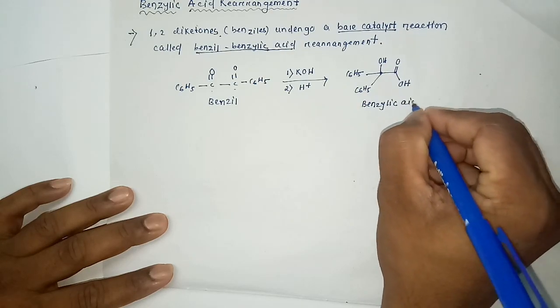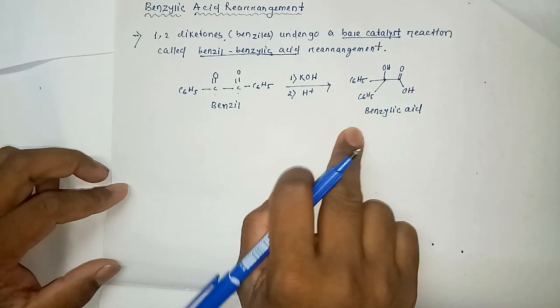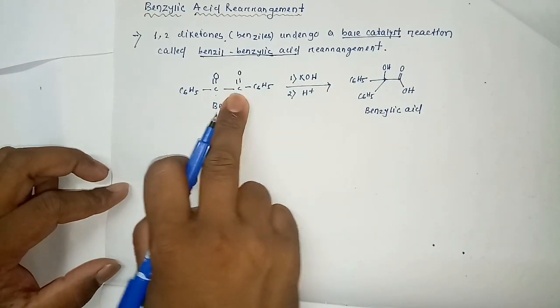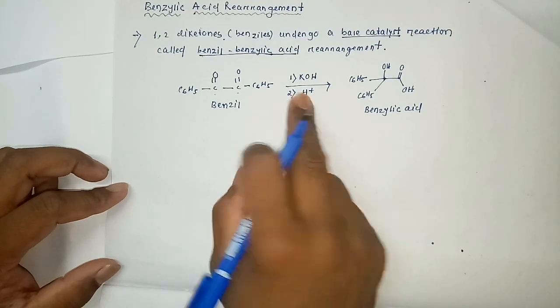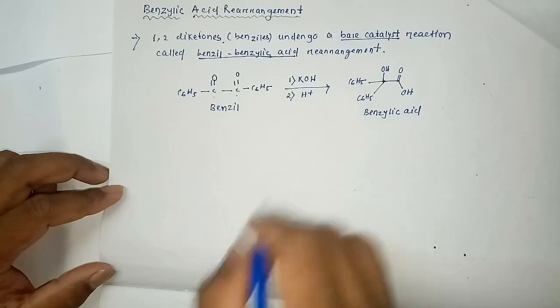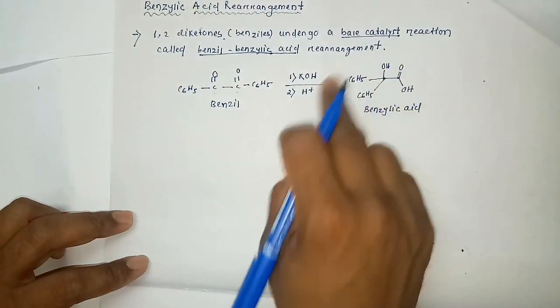So this is the general reaction for the benzilic acid rearrangement. This is a 1,2 diketone, and in the presence of a base catalyst, it is converted into benzilic acid. Now let's discuss the mechanism part, how it will come.